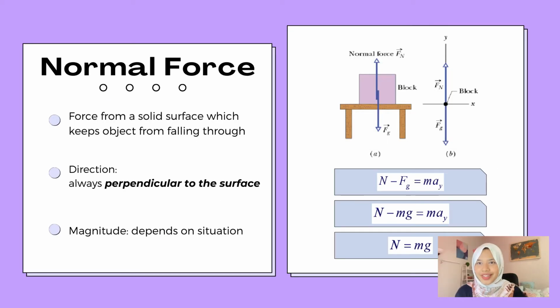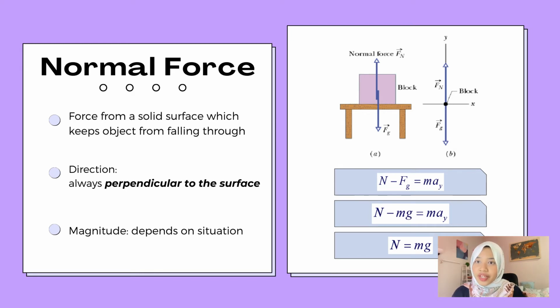The last one is normal force. Normal force is a force from a solid surface which keeps an object from falling through. The direction of normal force is always perpendicular to the surface, and the magnitude of the normal force depends on the situation. There is an example in the slide. Normal force is always acting perpendicular, as you can see in the slide.